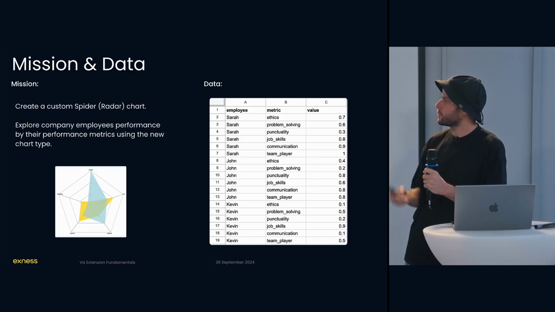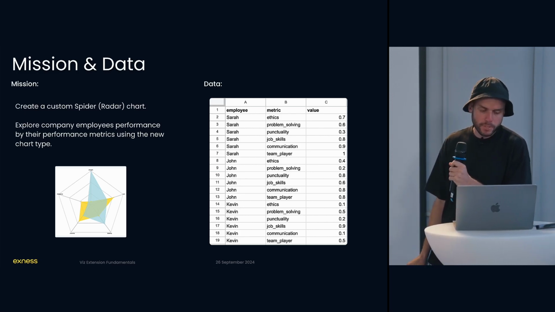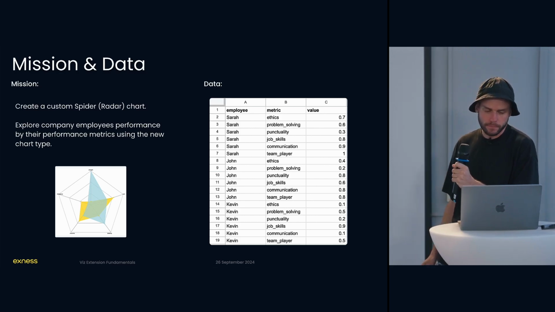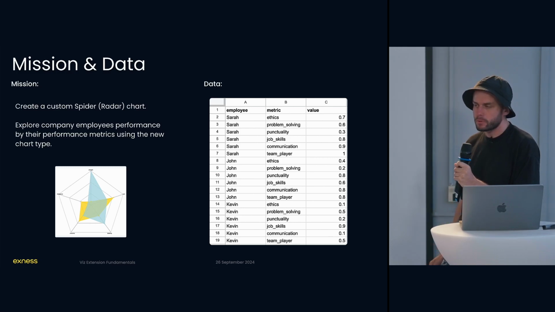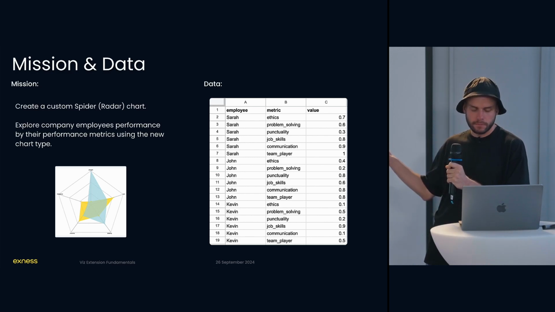Let's move to the next part, about mission and data. Our mission for this session is to create a custom chart type and explore company employees' performance by their performance metrics. I've created a small data source to solve this task.